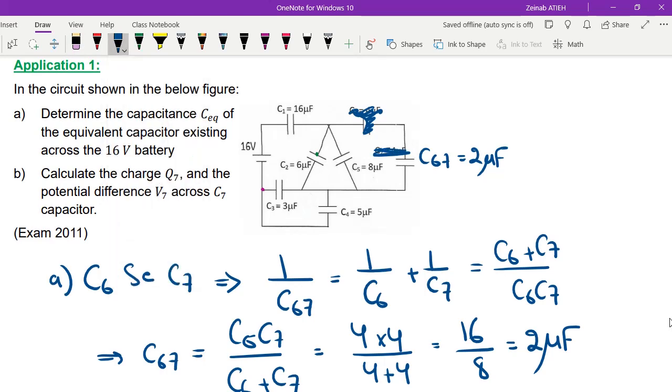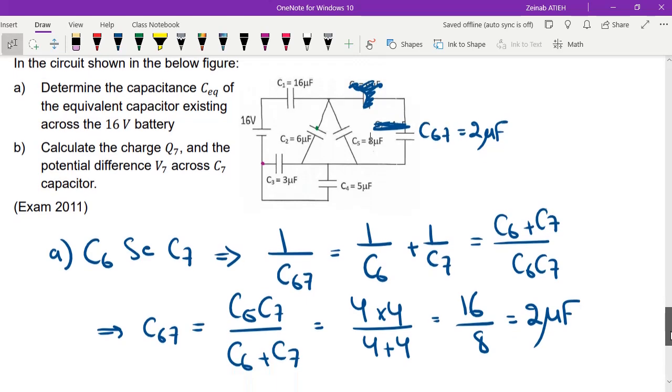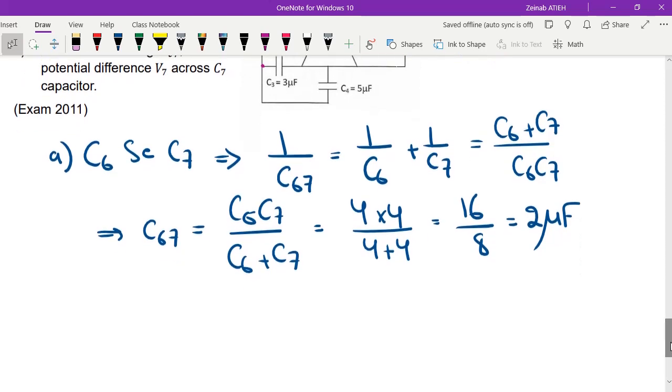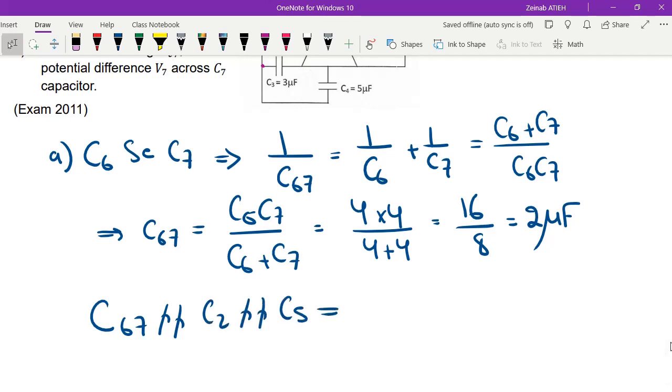We said that C2 is in parallel with C5 and in parallel with C67. This will give me the equivalent, which I will call C2567.